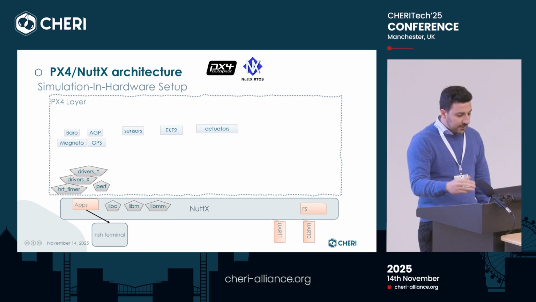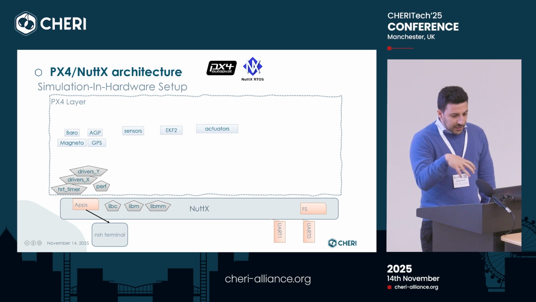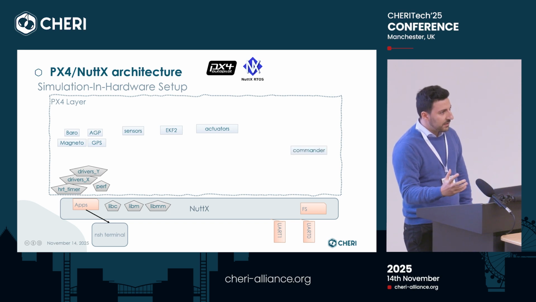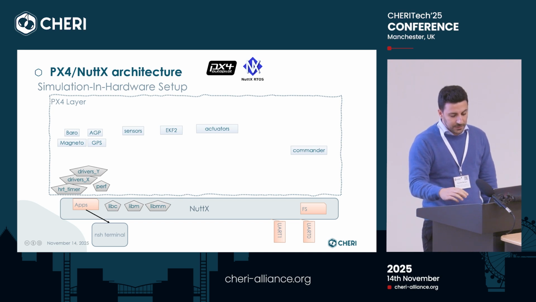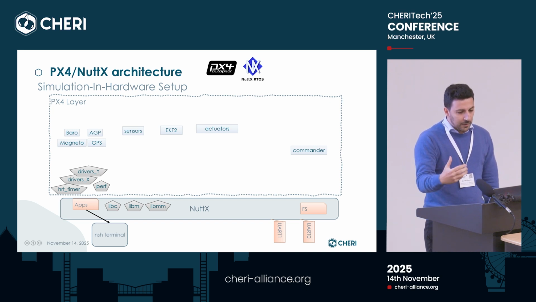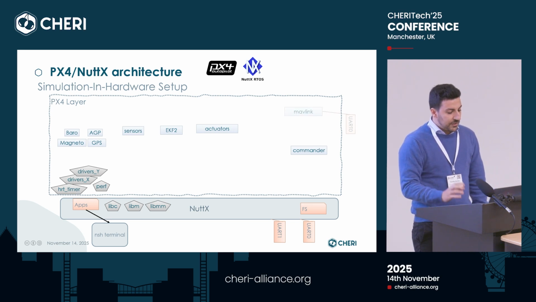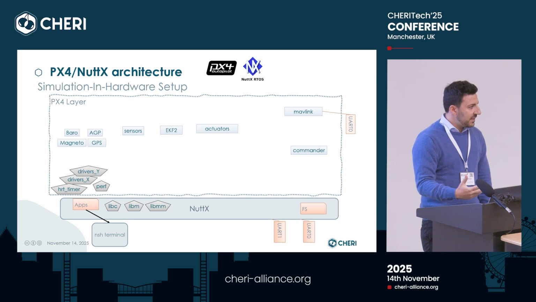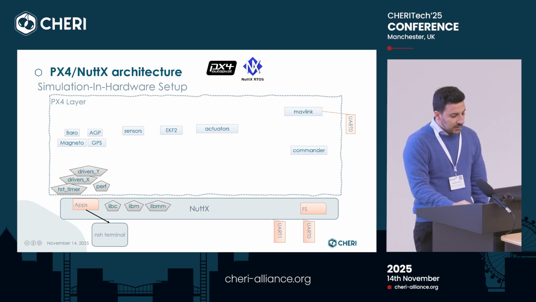Then we have the actuators, which essentially control the motors of the drone. Another important module is the commander. This one does some health checks of the drone and also decides whether to arm the motors or not, depending on the condition of the drone. And to communicate with the ground base, there is the MAVLink communication protocol.